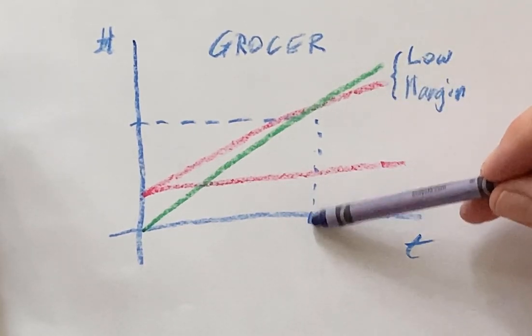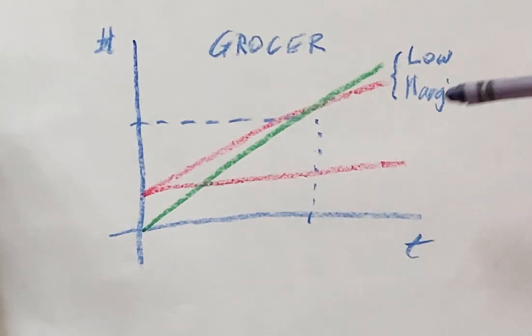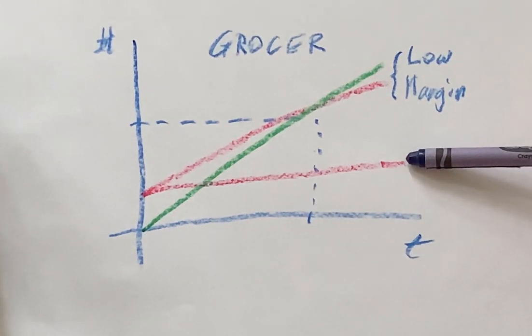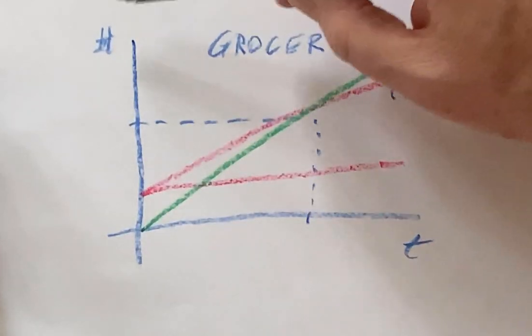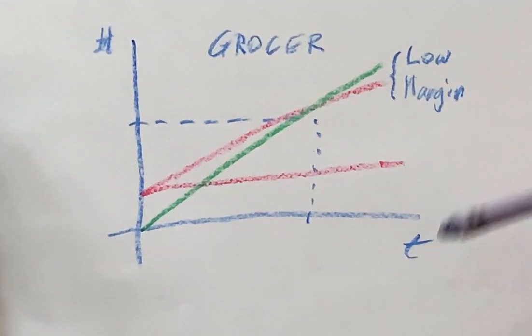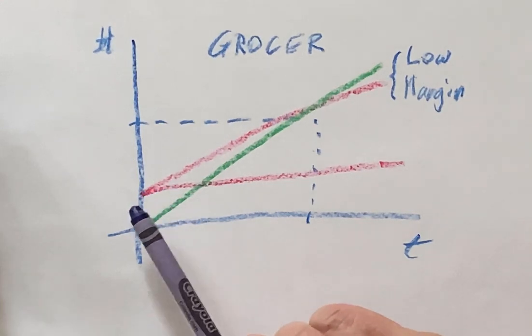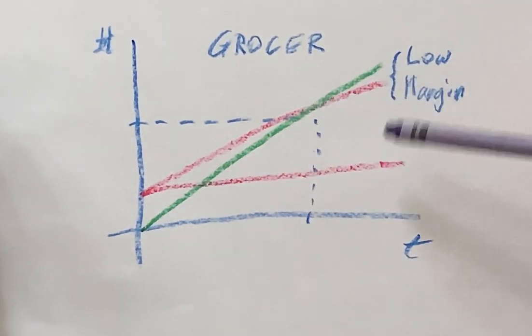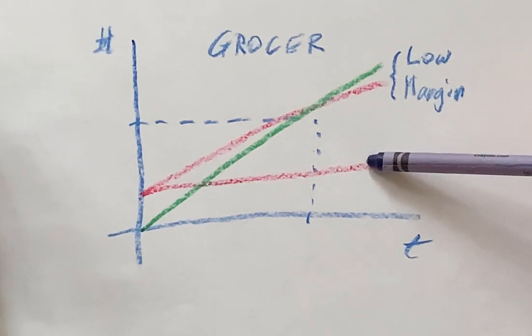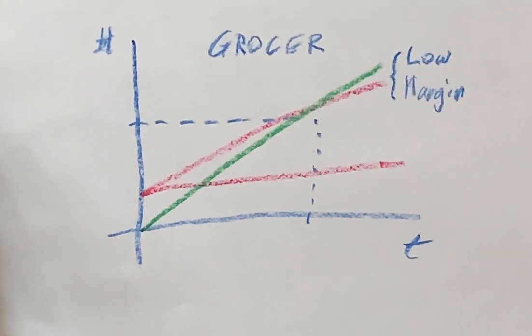So the break-even point's way out here, okay? They may have whatever kind of operating expense on this chart. And the two axes, by the way, are dollars and time. And as you can see, as you move across, eventually the sales pass up the total of the fixed cost and the variable cost. That's the grocer model.